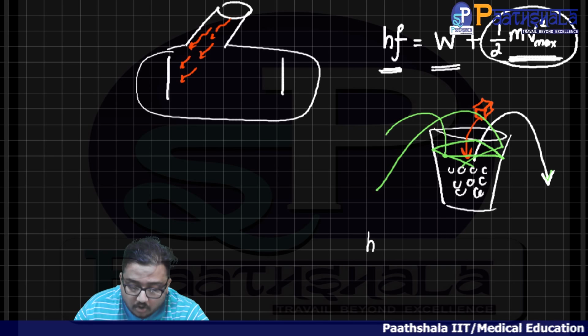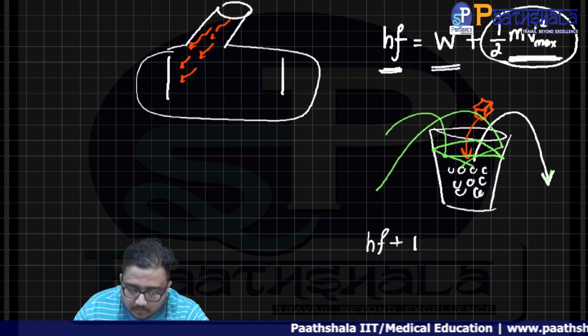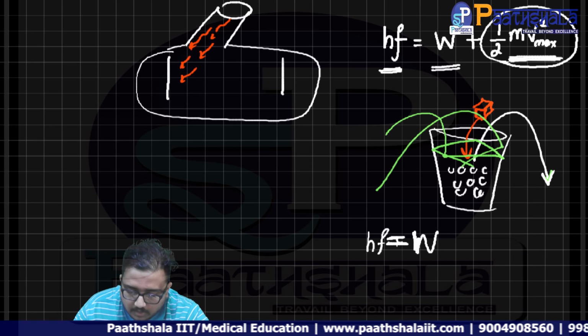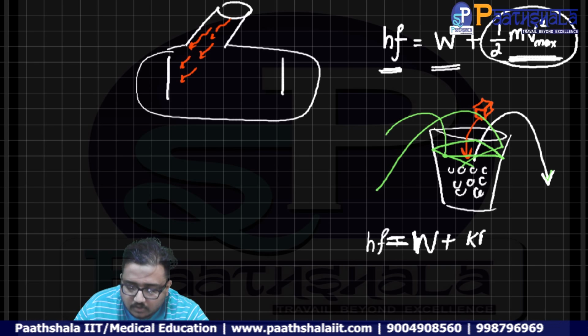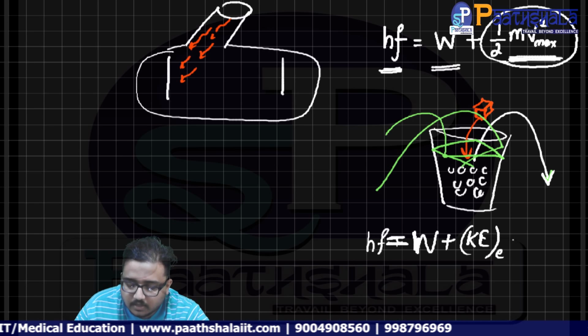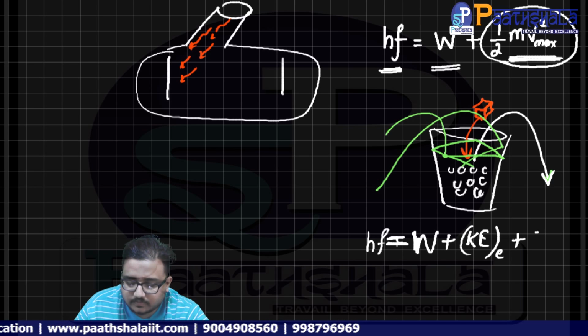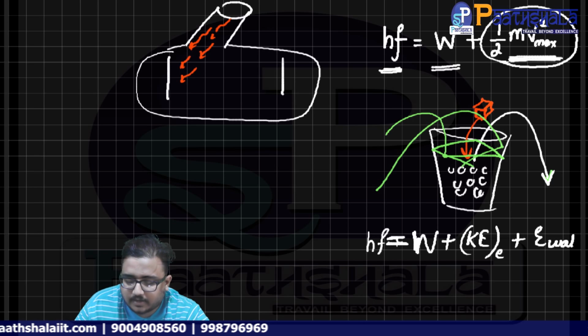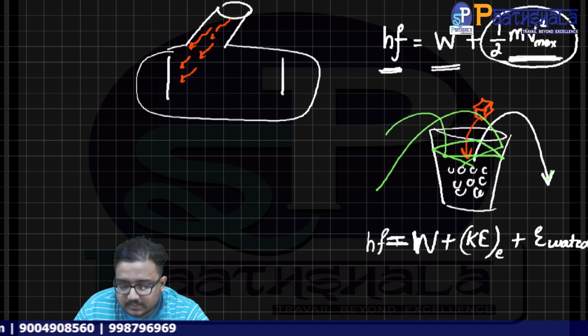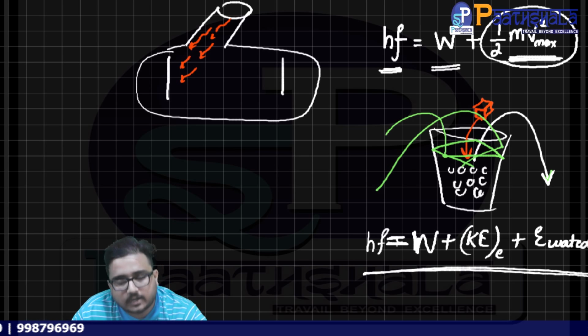This is the maximum kinetic energy electron that went directly outside. There might be some electron which will not be the maximum kinetic energy electron, for which the equation will be Hf is equal to W plus kinetic energy of that electron, plus some wasted energy. So this equation is true for all electrons.